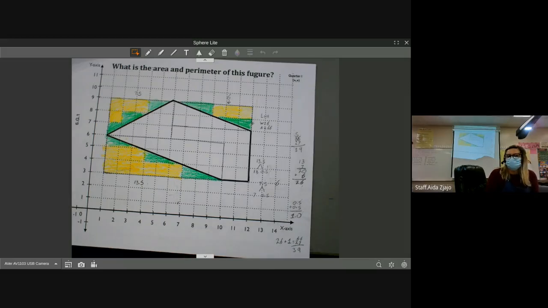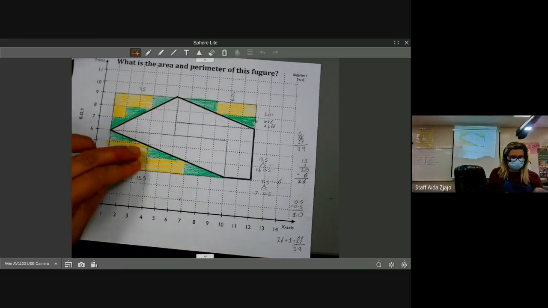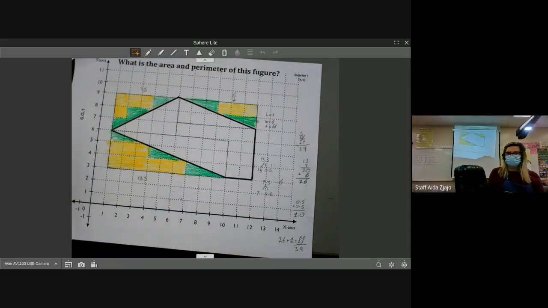While we were working on trying to find how much is in each of those triangles, when I figured them out, I laid them out on the paper, and since that one is 13.5, I separated it so it would be 13 and 0.5. Then for 7.5, I did the same thing, and the 6 was by itself.